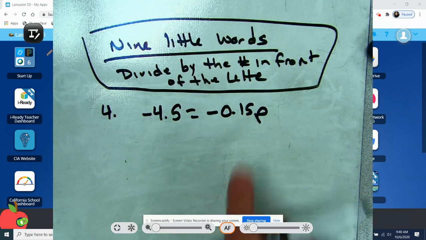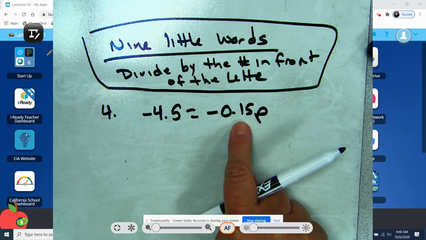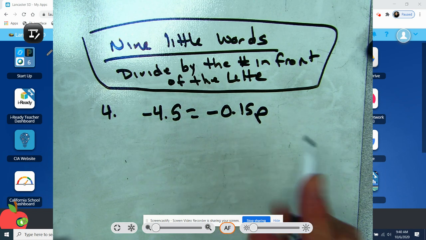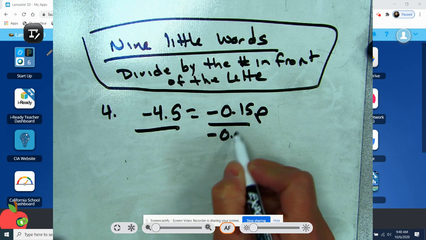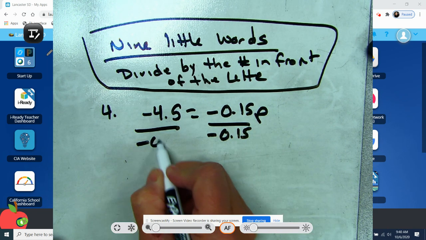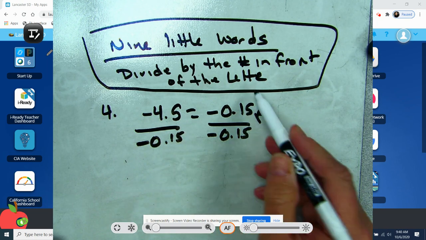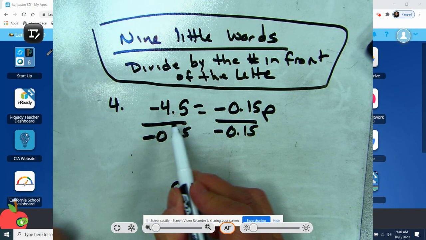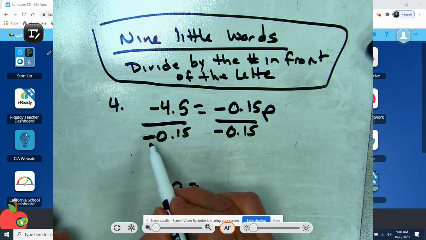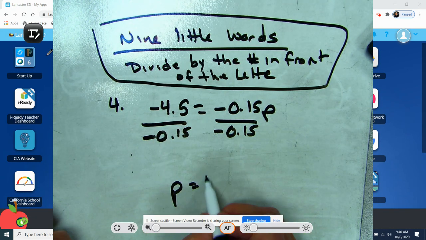All right? So the number in front of the letter is -0.15. You're going to divide both sides by -0.15. This equals 1, so we're left with p. Now here, you've got a negative divided by a negative. That makes it positive. So we know our answer is going to be positive.